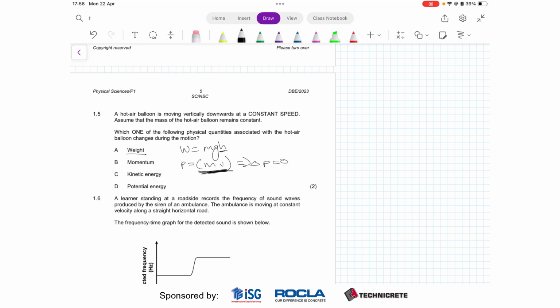The kinetic energy again is not dependent on the height. The kinetic energy is half mv squared, which tells you that the change in kinetic energy is equal to 0, because the change in v is 0. We are moving at a constant speed.